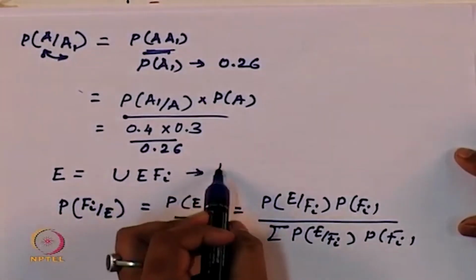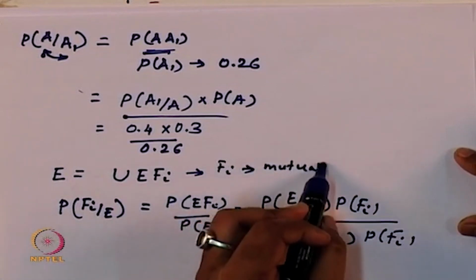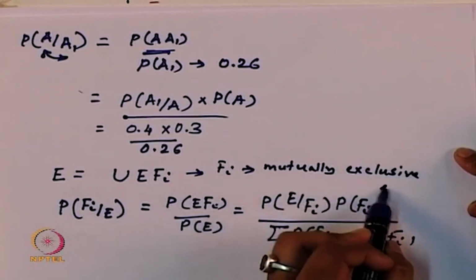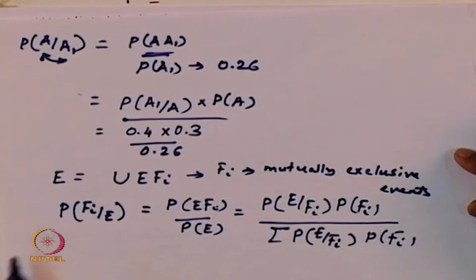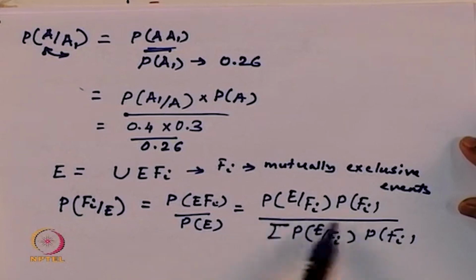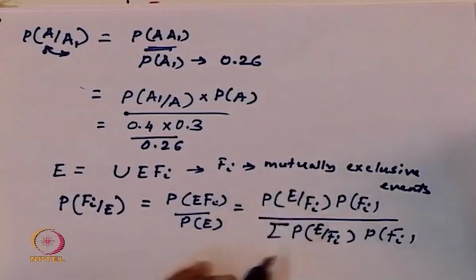Here the assumption is that the F_i are mutually exclusive, so the denominator is nothing but each of these terms added together.